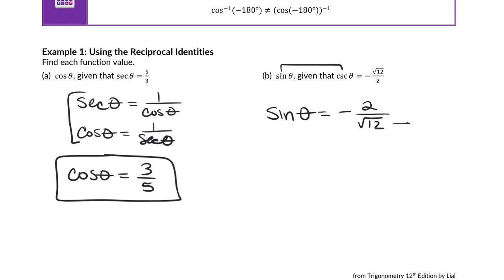So if we take the number 12 and break it into a tree, isn't that 2 times 6, and 6 is 2 times 3? So I have a pair of 2's and a leftover 3, which means that this number is actually negative. I'm going to put the negative on top just to make it easier to write. Over 2 square root of 3. Now let's rationalize the denominator.